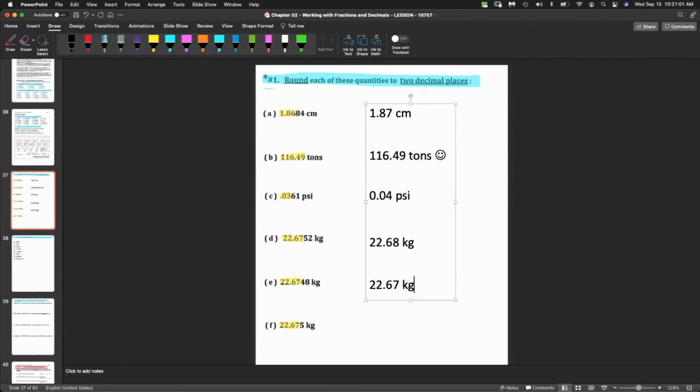So this is a weird one. If you go to the answer key, both answers are accepted.